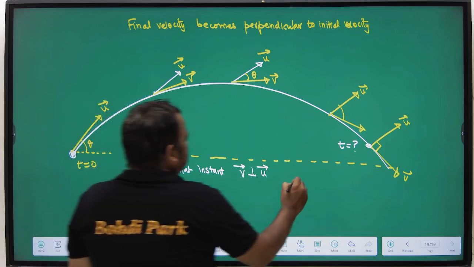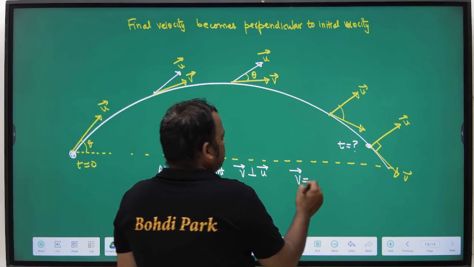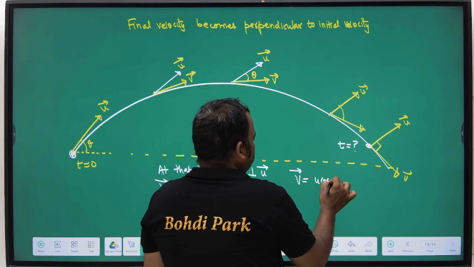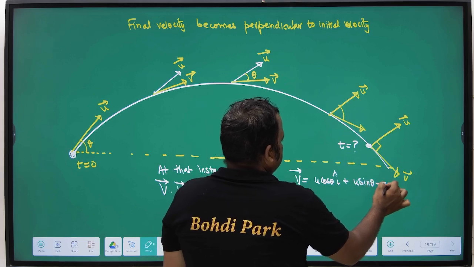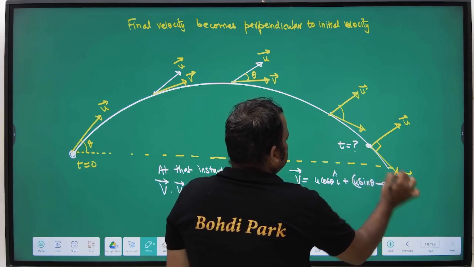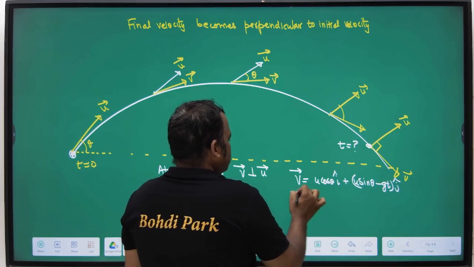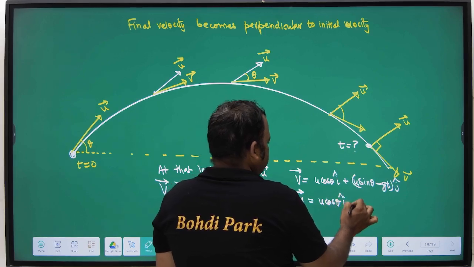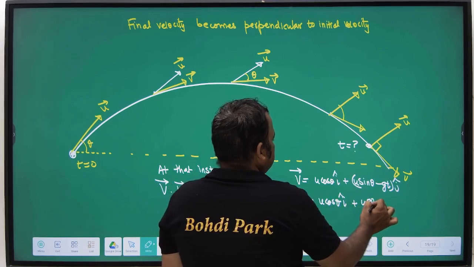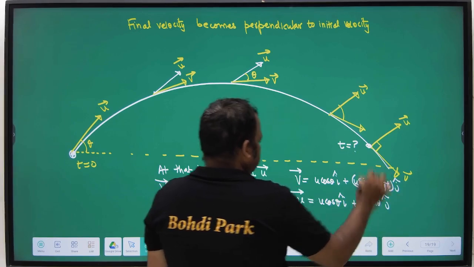Now we have the v vector equal to u cos theta i cap plus (u sin theta minus gt) j cap, and u vector is equal to u cos theta i cap plus u sin theta j cap.